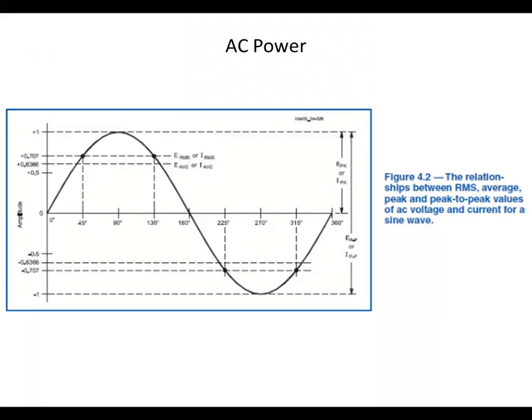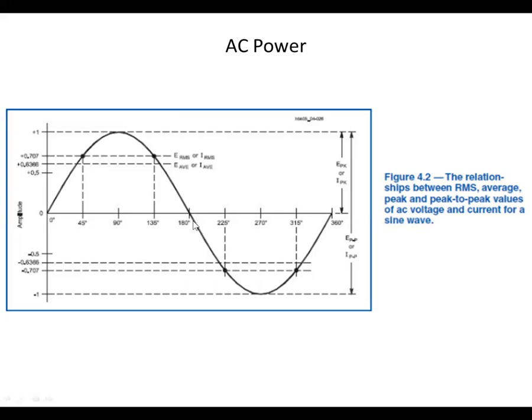Now we get to AC power, and we touched on this in the technician course. AC power, for example, is what you have in your house. That's a 60 hertz sine wave that goes from 0 volts up to let's say 120 volts, comes down to 0, and then it goes to minus 120 volts, and all that's done 60 times a second.